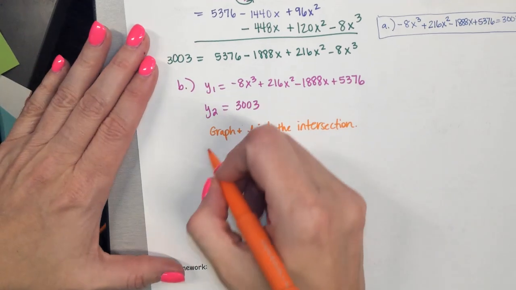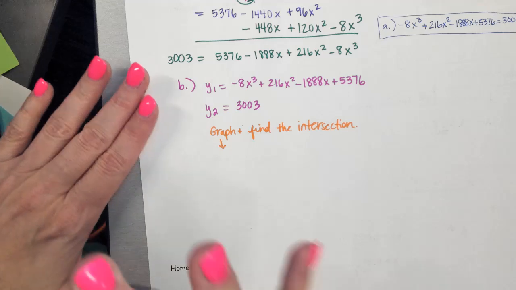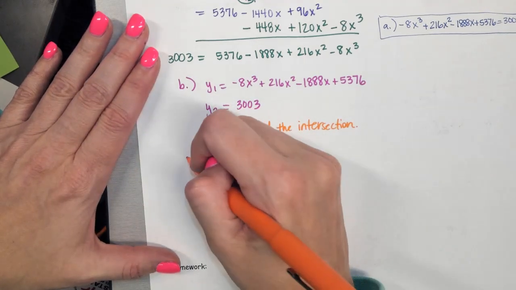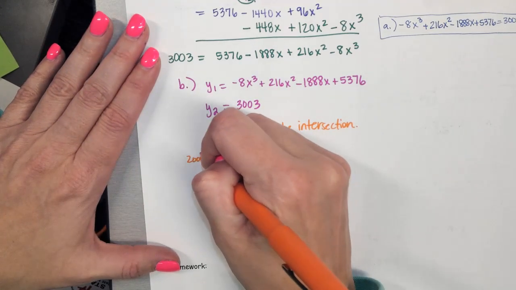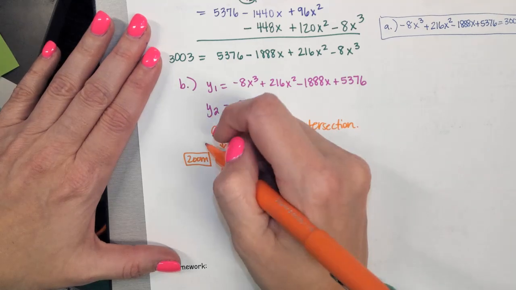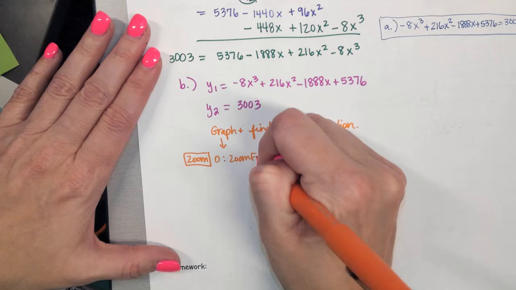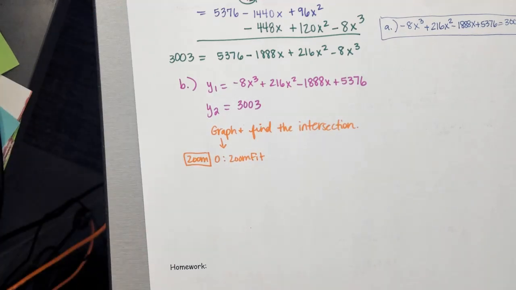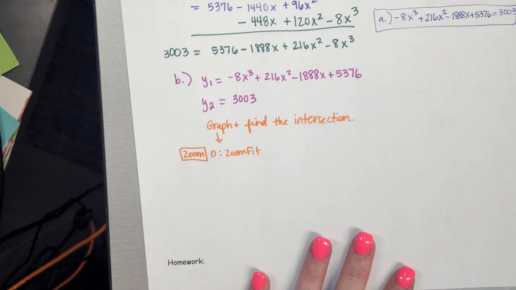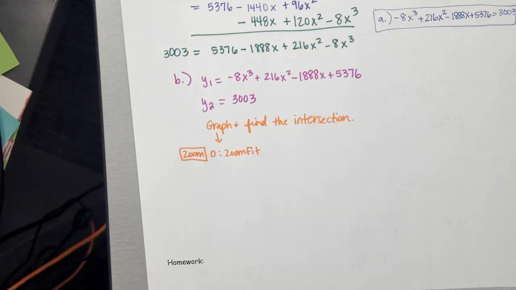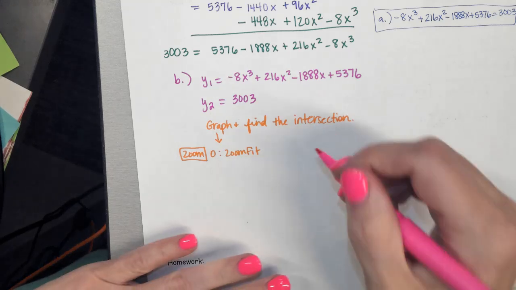Okay, when you are graphing, because we're working with bigger numbers, you are going to have to go to zoom, okay, and you should go to option 0, which is zoom fit, so that you can see your intersection there. Of course, you can always play around with the window. Okay, this should just be a quicker way to do it.